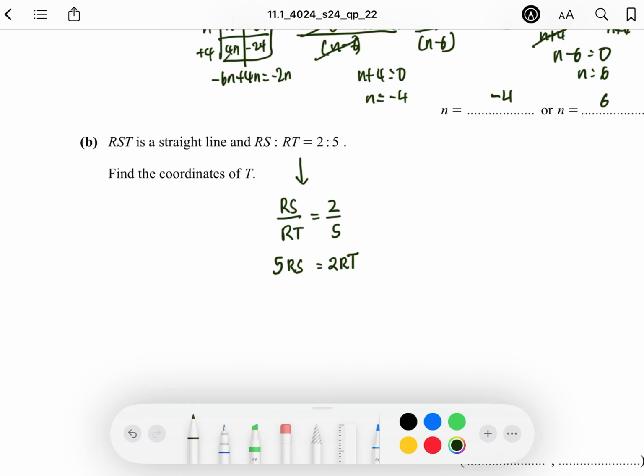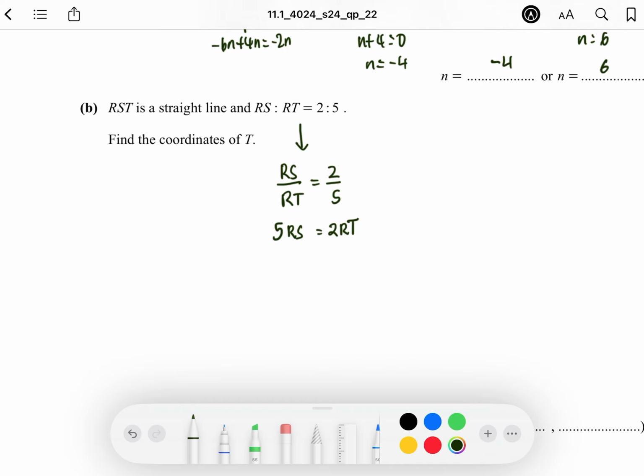Now, what are our options to do this one? The coordinates of R is -1, 8. S is 3, 2. We don't know T, so we put T as x, y. From here, we can get the position vector of OR as -1, 8.